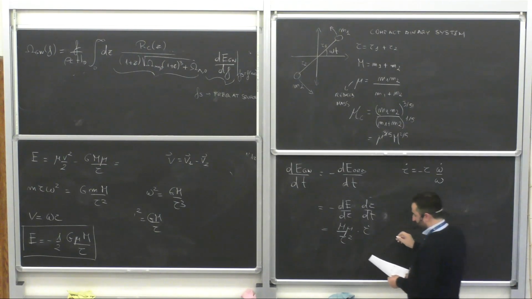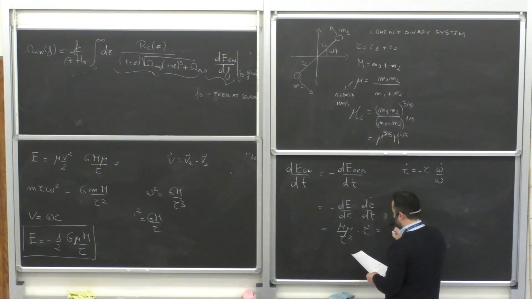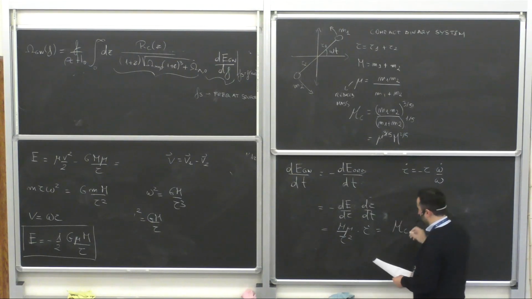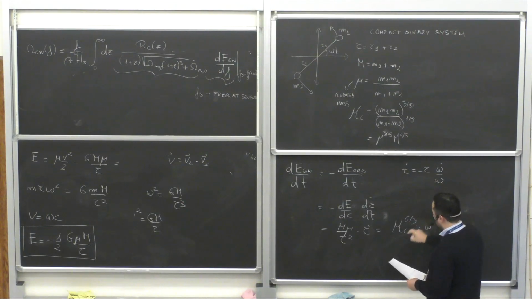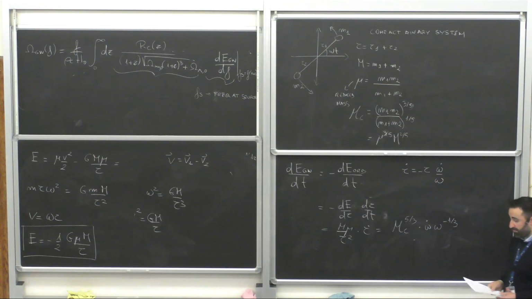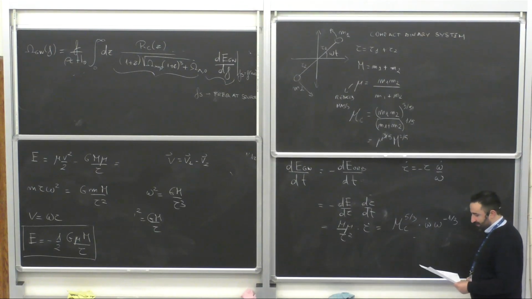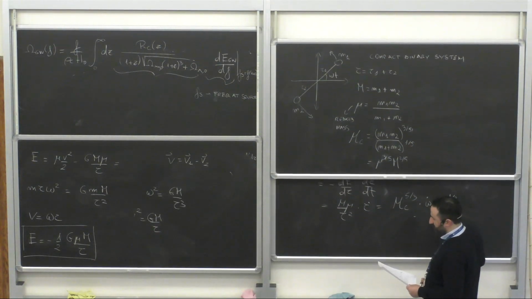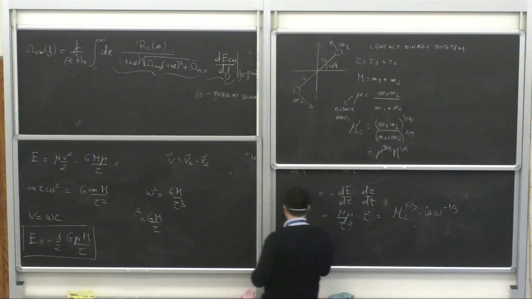Then you just arrive, I skip some steps, but they are very trivial. So you arrive at writing this, the chirp mass to the 5/3, times f to the minus 1/3. So you have everything now. The last step that you miss is to write this in terms of frequency.